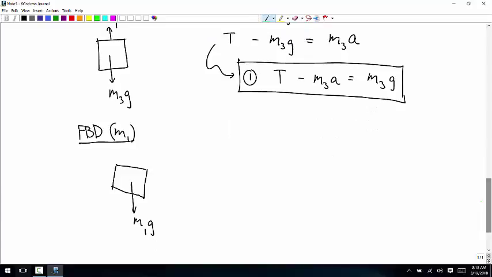And then there's the normal force. I'll call that N1.